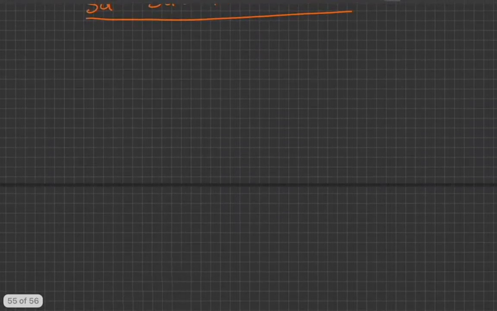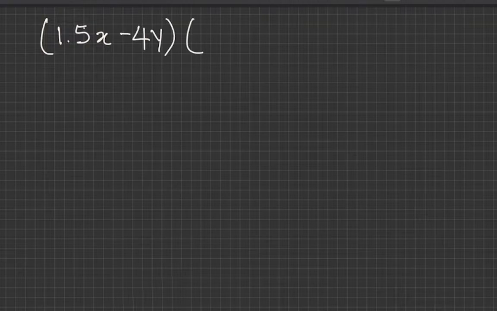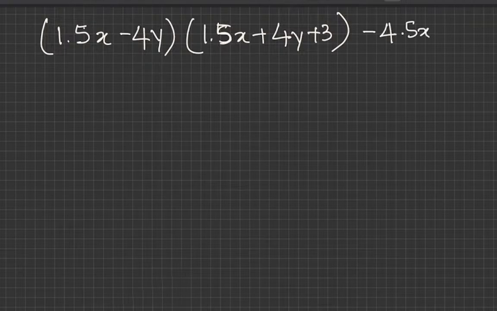Say I have 1 and 5/10, that is 1.5x minus 4y, times again 1.5x plus 4y plus 3, minus 4.5x plus 12y. Can you try it?